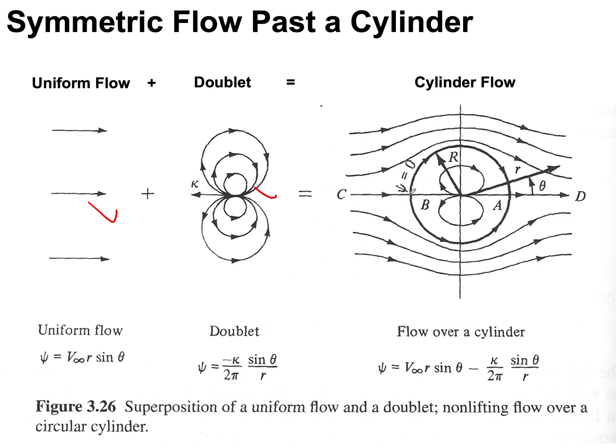We follow the same steps we had before. We find when the velocity is equal to 0, it will be 0 at A and B, which we call the stagnation points. We find the streamline that passes through those stagnation points. It will be this streamline, and it would be a circle centered at the origin here at r equals 0.